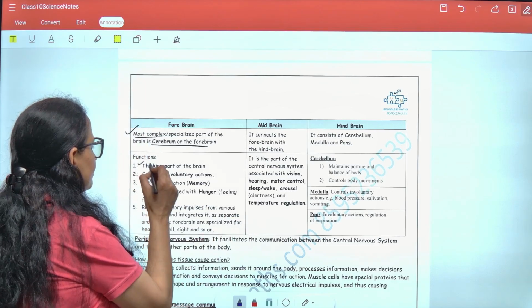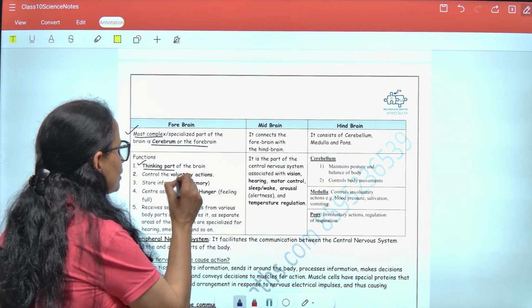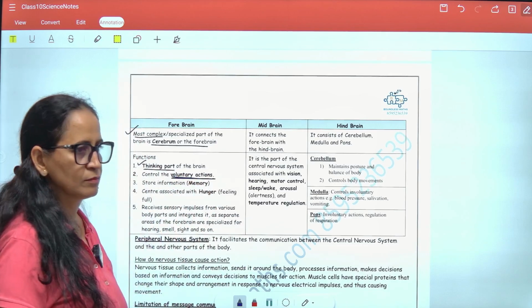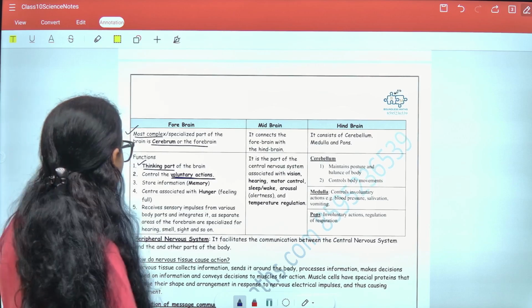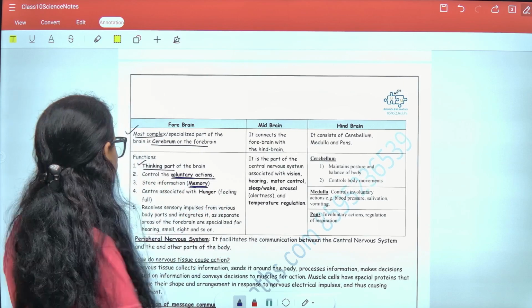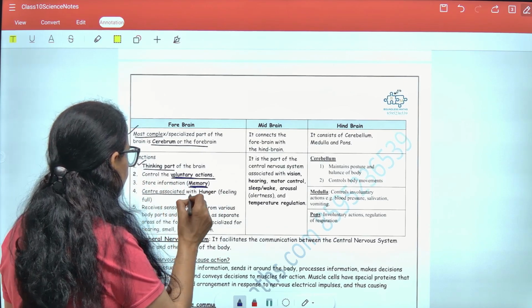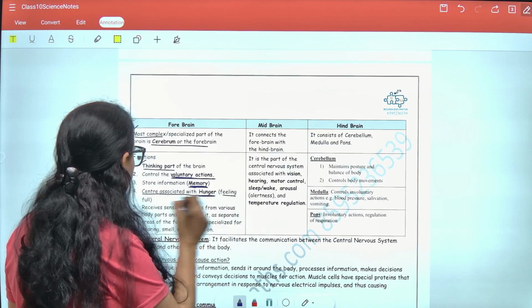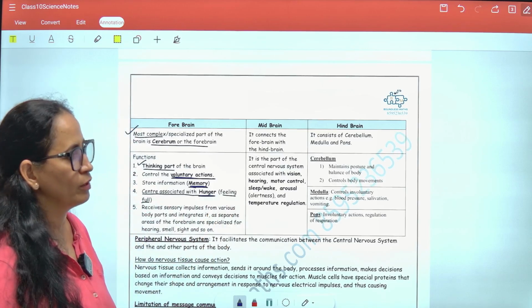So it is the thinking part of the brain. It controls voluntary actions through motor nerves, and then it stores information. All the memory is there in the cerebrum. Then it also has the center associated with hunger, all the feeling of fullness when you eat too much food or when you are very hungry.